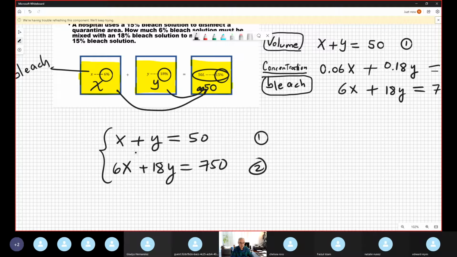I like applying elimination, and you multiply equation 1 by a factor that we need, which is negative 18, because I want to get negative 18y and positive 18y, ready for elimination. Entonces now it's up to you what way you prefer, elimination or substitution.